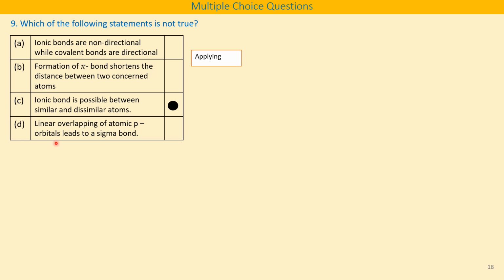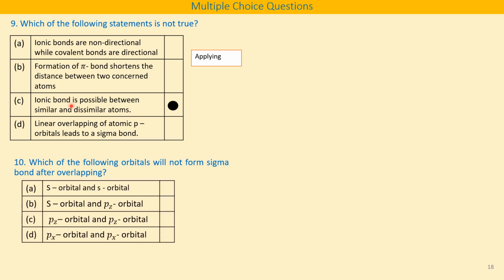The correct answer, that is the wrong statement, is: ionic bond is possible between similar and dissimilar atoms. So this is not possible. Next question. Which of the following orbitals will not form sigma bond after overlapping?